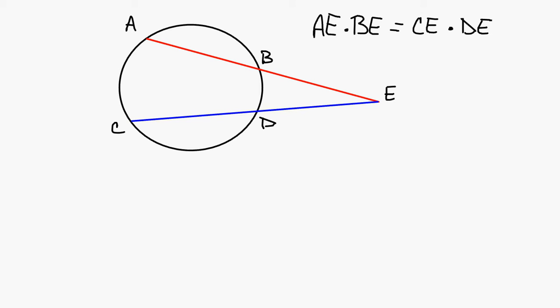So it's the length of the entire secant times this outside piece, right, is equal to the length of the entire other secant times its outside piece. So that makes it a little more complicated, doesn't it?